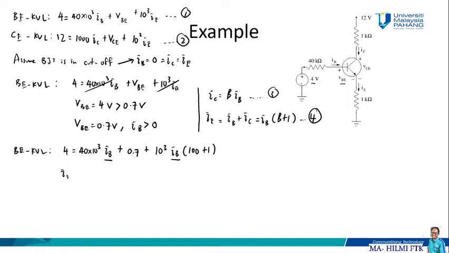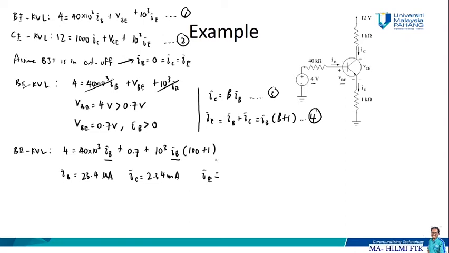So we can calculate, and we should get IB is equal to 23.4 microamp. So now we have obtained the value of IB. So easily in the equation number 3, IC is equal to beta IB. So we can obtain the value for IC by multiplying with 100. So we are going to get 2.34 milliamp. And of course, once we get IB and IC, we can easily calculate IE.